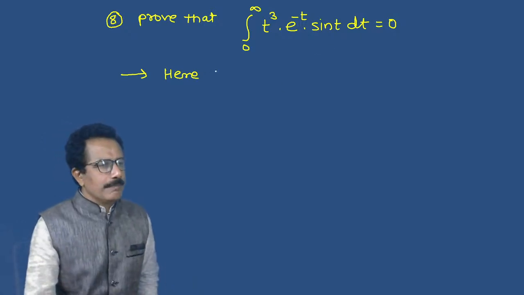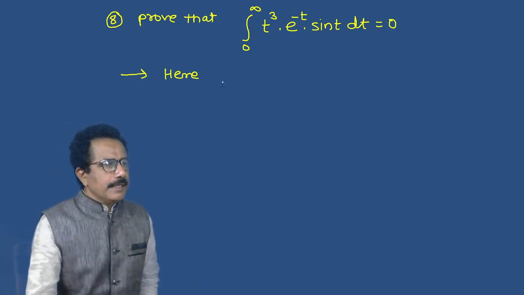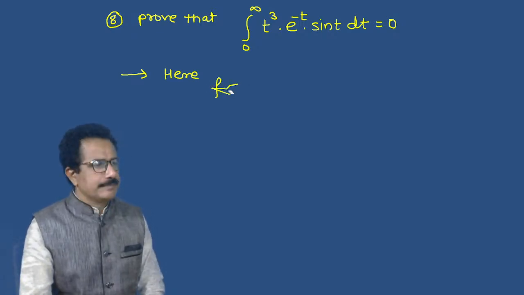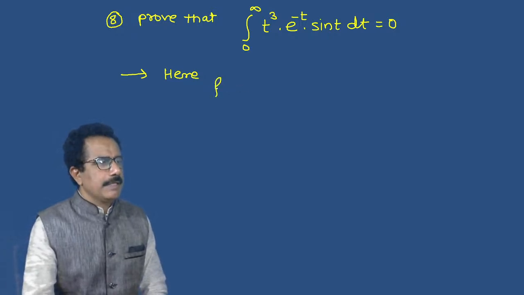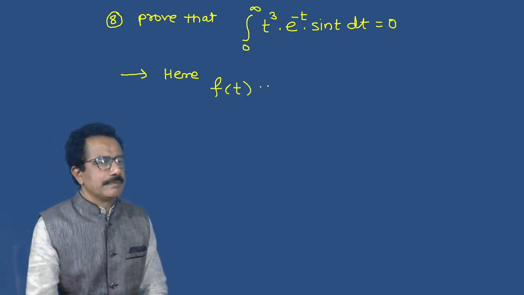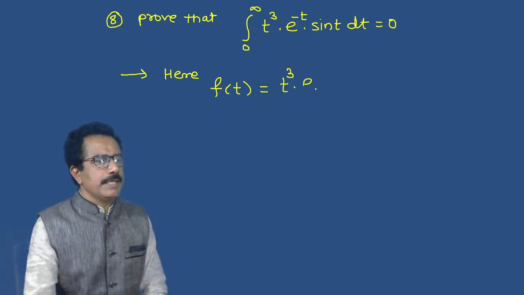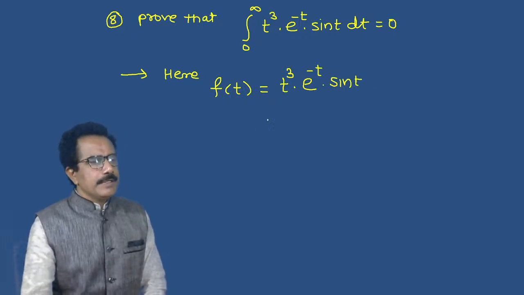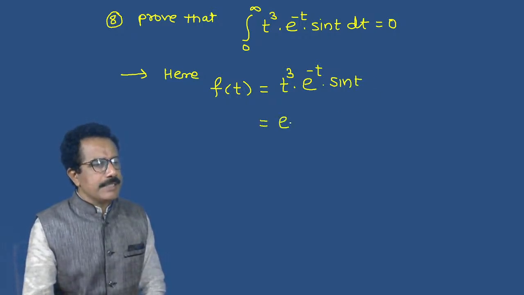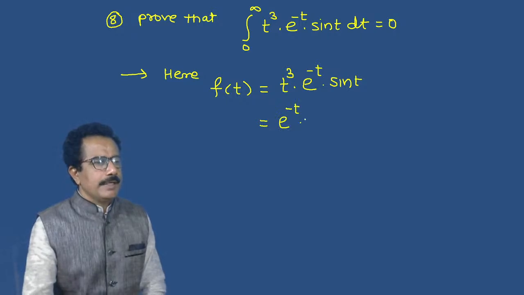Okay, so now see here, suppose f of t is equal to t cube into e raised to minus t into sin t dt, so that can be written as e raised to minus t into t cube into sin t.